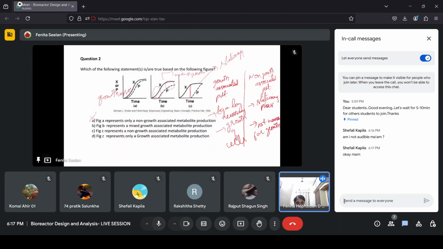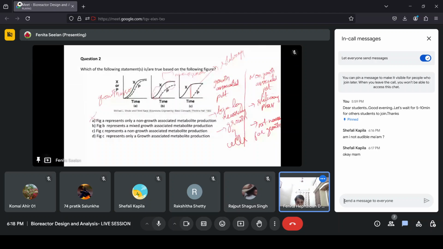If there is a network issue, you can just type in the answers in the chat box. I will be able to see it. And if you have any doubts in between, please put them in the chat box. If I'm not audible or some connection issue is happening, please put it in the chat box so that we can rectify it at the earliest.